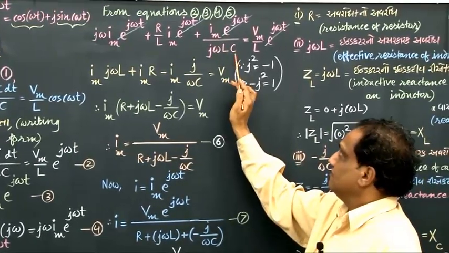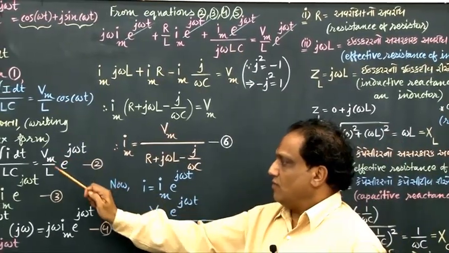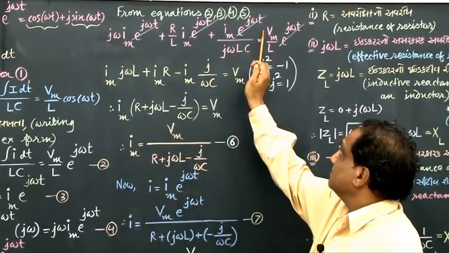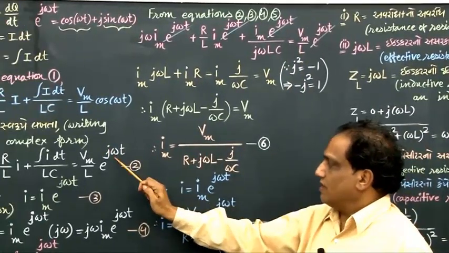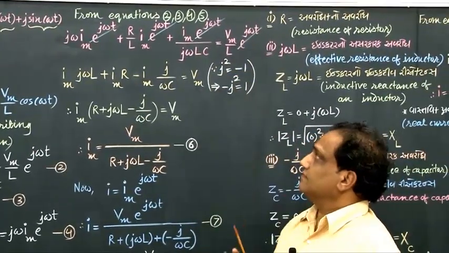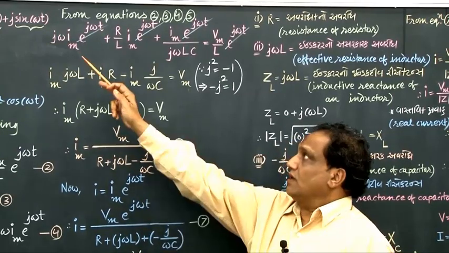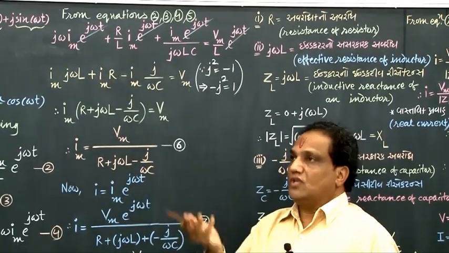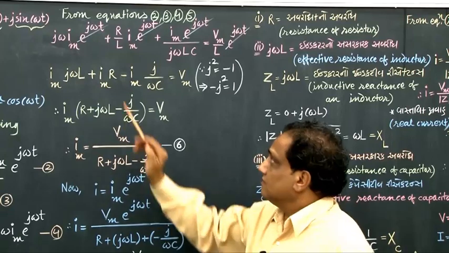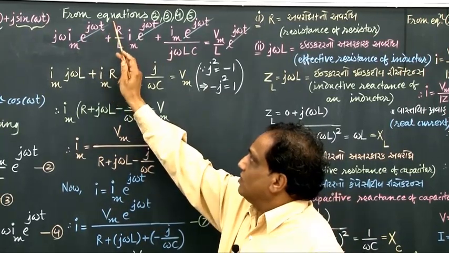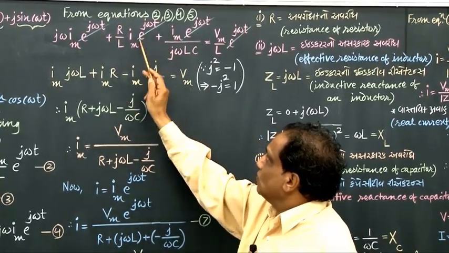Fine. This Vm upon L as it is, into e raised to j omega t as it is. Now tell me, throughout this equation, which term can you cancel? e raised to j omega t you can cancel throughout the equation.